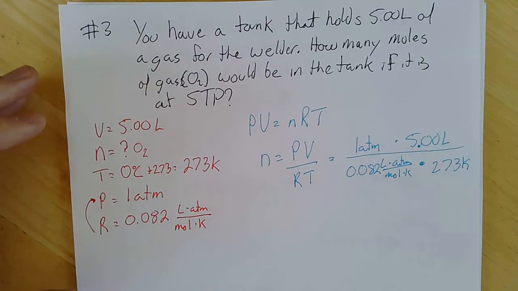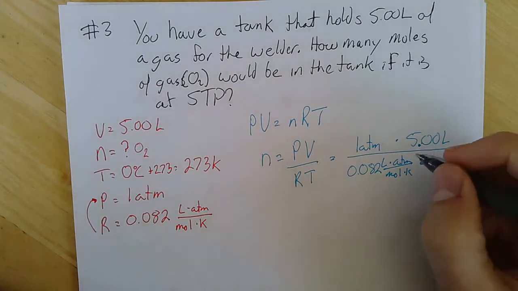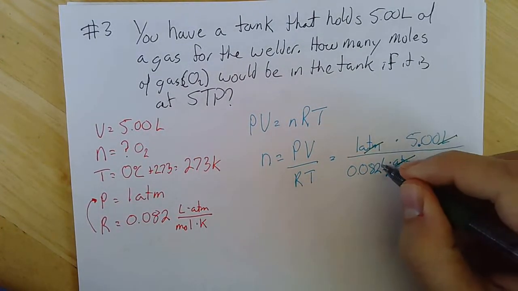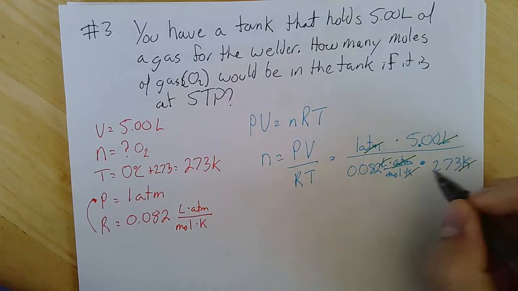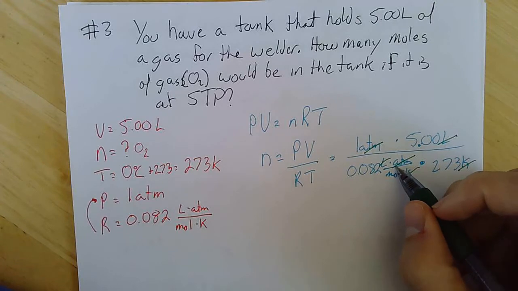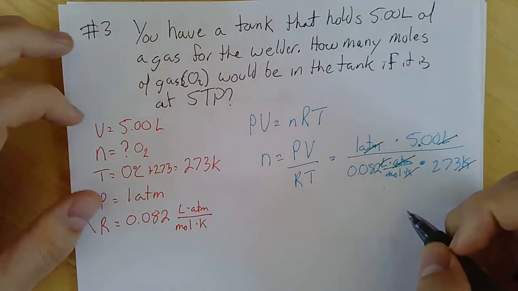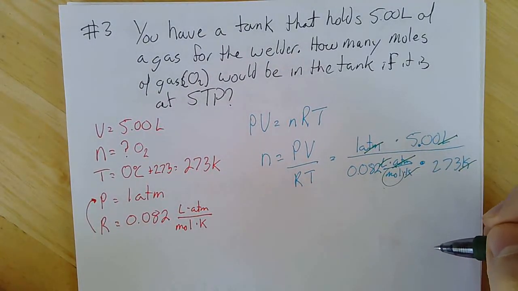All right, so now when we take a look at this, algebraically, everything cancels that it needs to cancel. atm, atm, liters, liters. All right, that's on the top, this is on the bottom. That's good. And really this moles is divided and divided, so that's actually going to come to the top, right? It'd be like we're multiplying it. So that's good, right? That means we're solving for moles, which is exactly what we wanted.